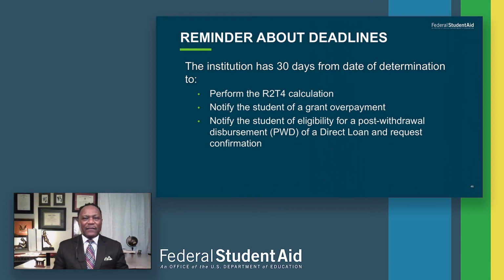Both of these tasks found in bullets 2 and 3 cannot be determined until completing the R2T4 calculation. As such, it may be wise not to wait until the last minute to complete the calculation to ensure sufficient time is given to complete the task.